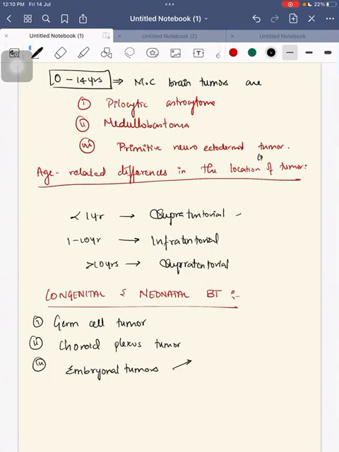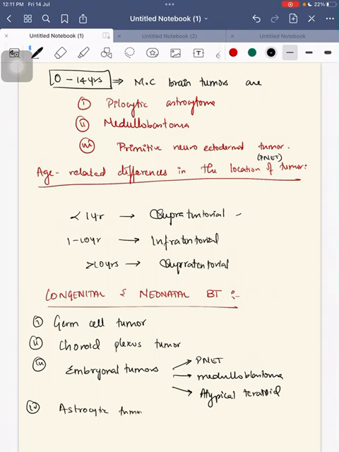Among the embryonal tumors, we have primitive neuroectodermal tumor, second is medulloblastoma, third one is atypical teratoid. Fourth one here is astrocytic tumor. Fifth one is neuronal and mixed neuronal glial tumors.